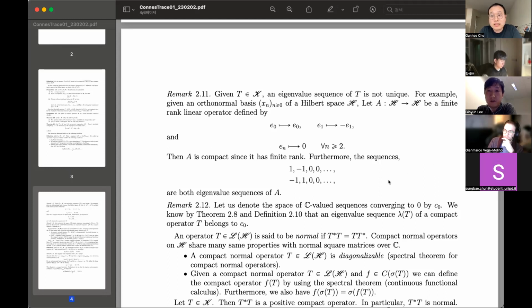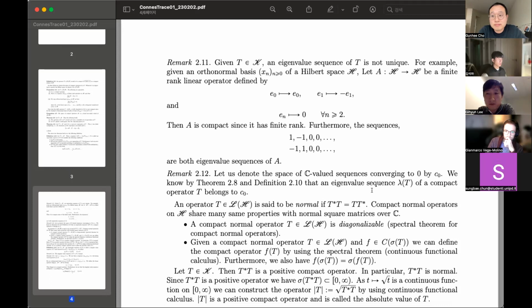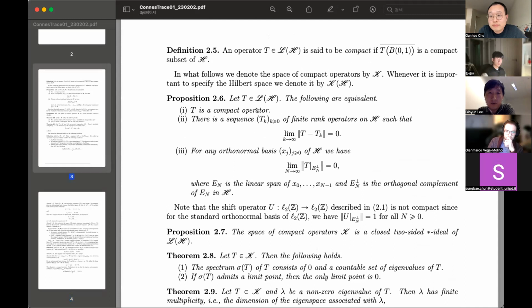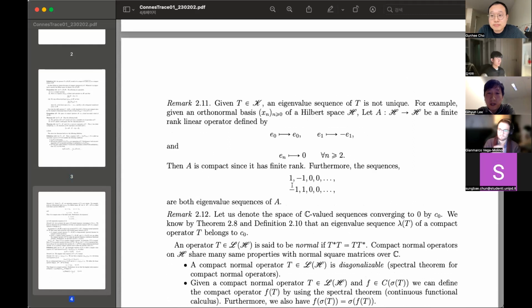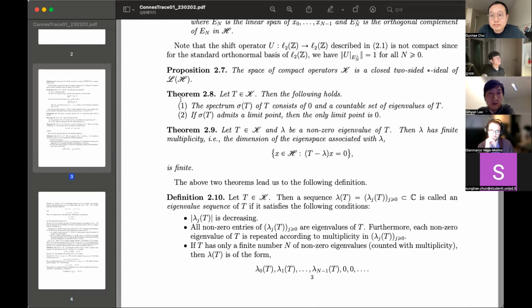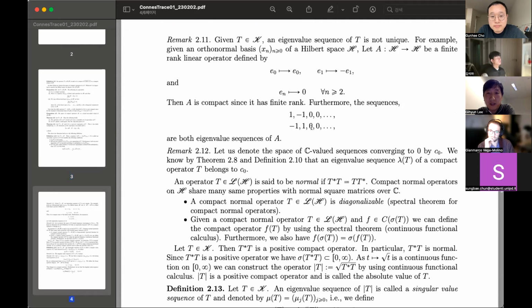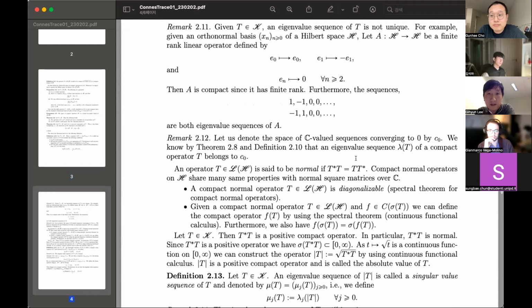Yep, exactly. So this is the reason why we consider the compact operator, the operator which can be approached by a finite rank operator. By combining all these results, one can easily see that if we denote the space of complex valued sequences converging to zero like this, which is of course a vector space, the eigenvalue sequence of a compact operator always belongs to C0.